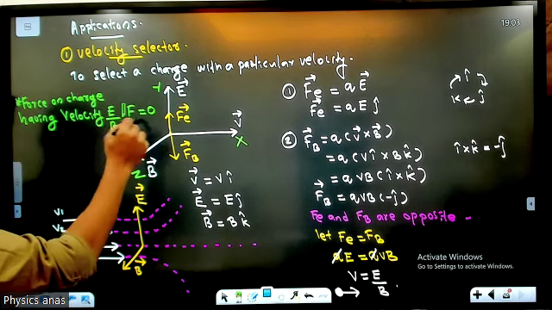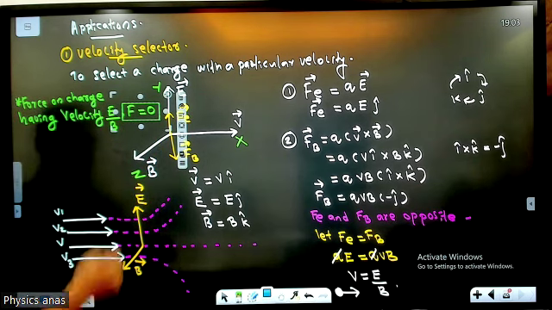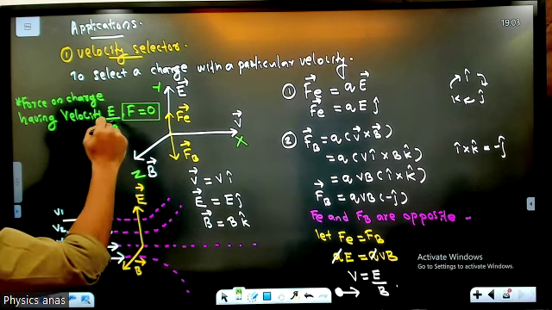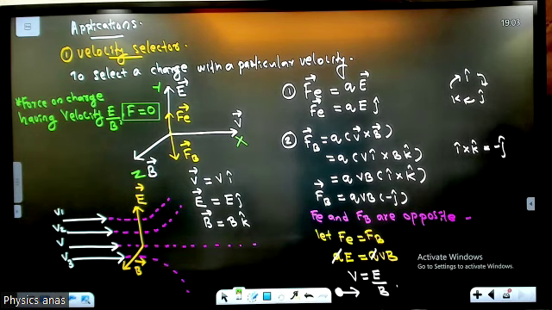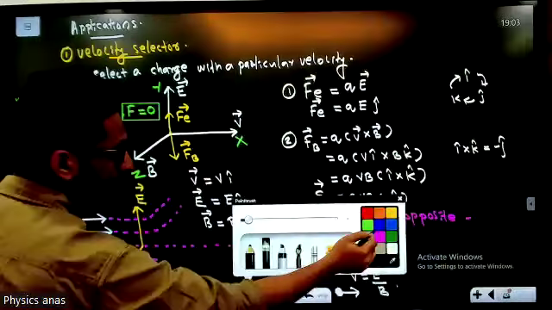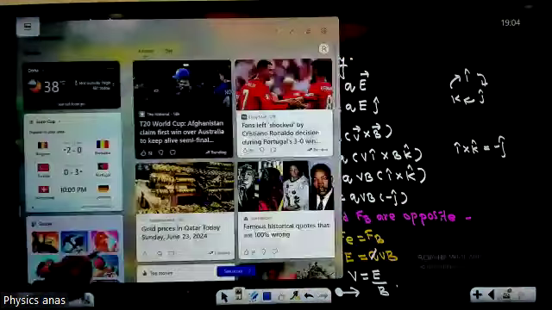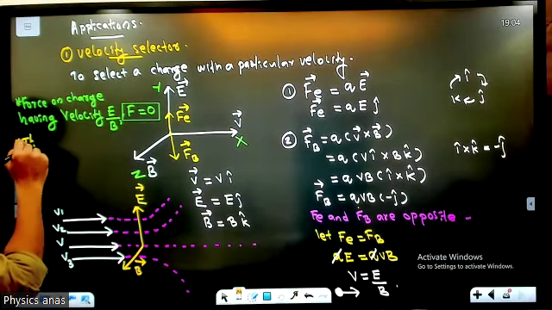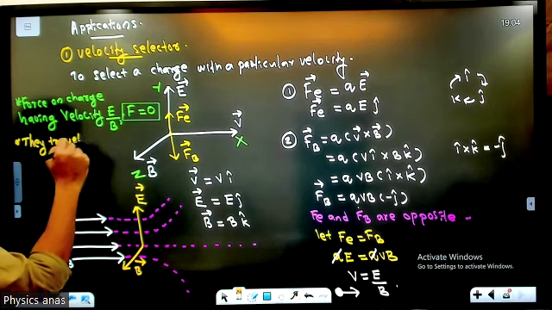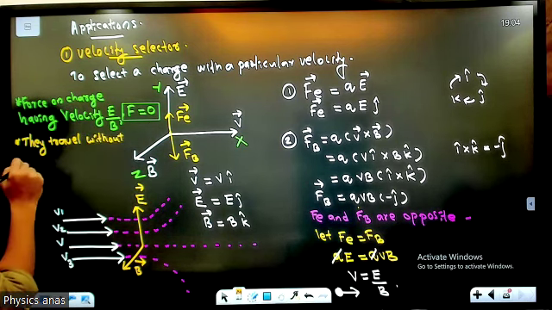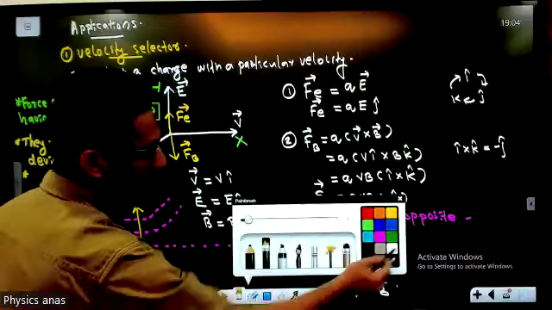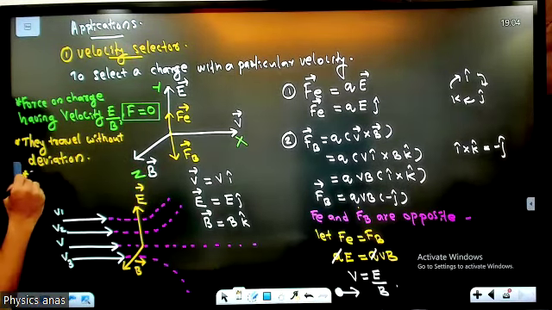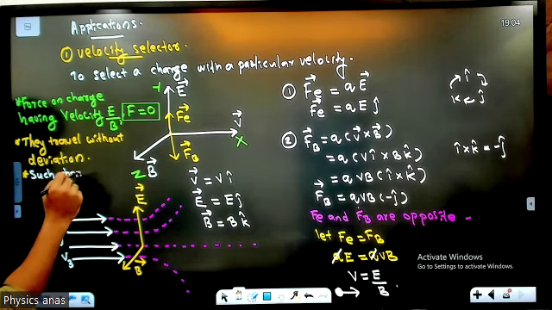That force is equal to 0. They travel without deviation. Such charges can be selected out.